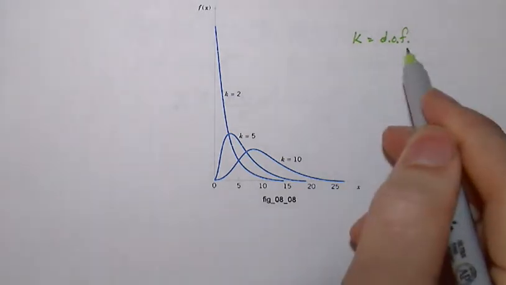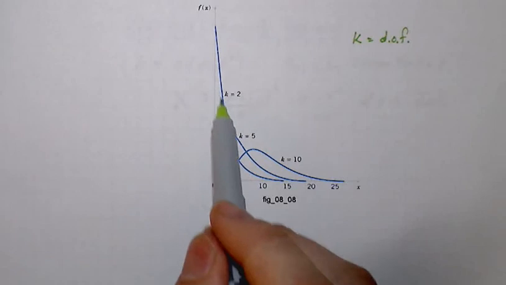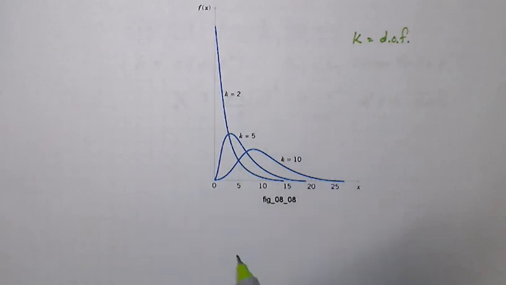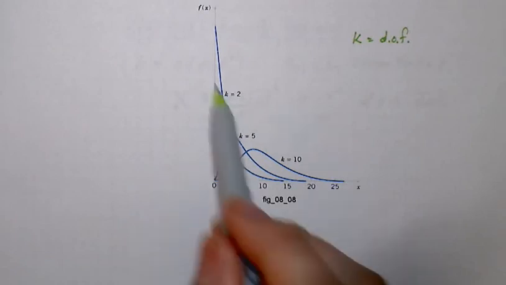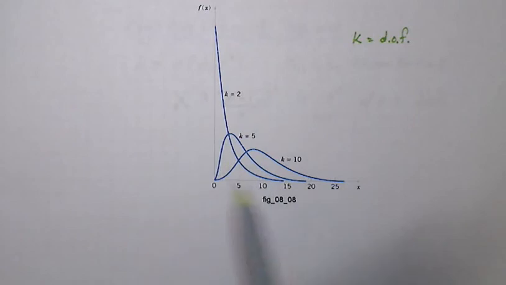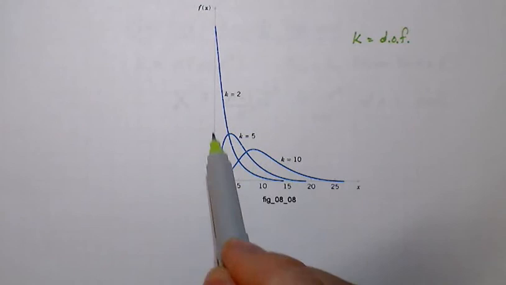Here's k. With k equal to 2, we have a highly asymmetric distribution. It really looks like the exponential distribution. K equal 5, then we get this little mounding feature, and then it tails off. At k equal to 10, this becomes more and more normal-like. And as k goes to infinity, we can expect this transition to continue on.